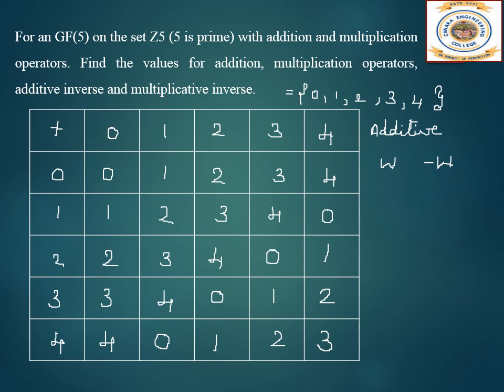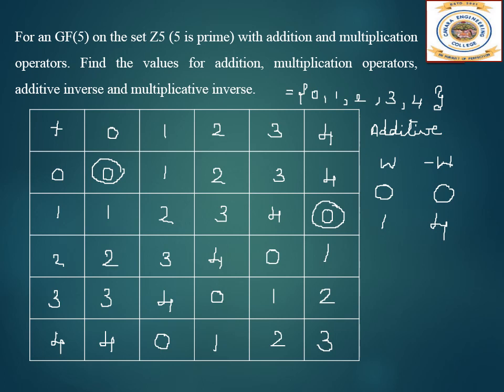Let us see when do we get 0. For 0, the additive inverse is 0. Now for 1, where do I get the entry 0? Against the 4 column. So for 1, the additive inverse is 4.